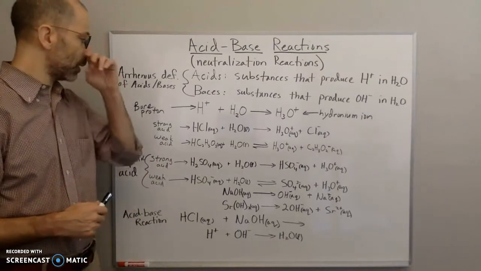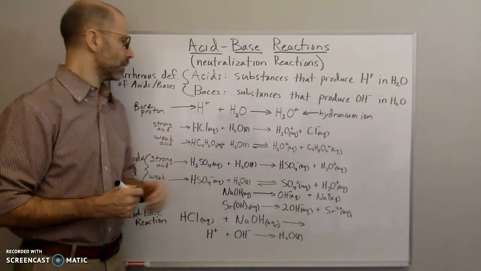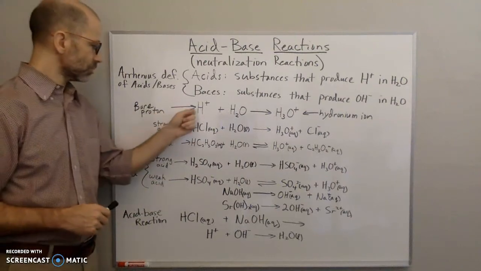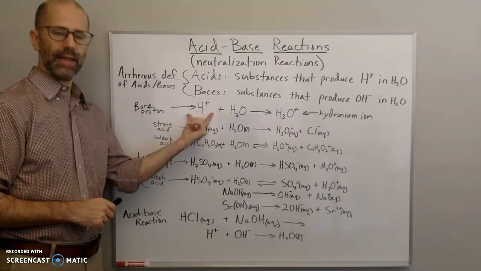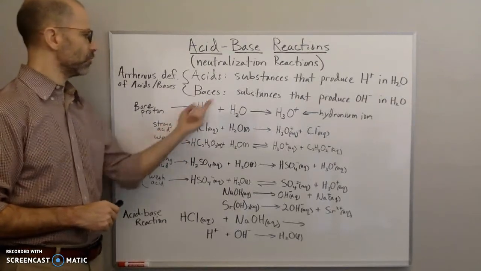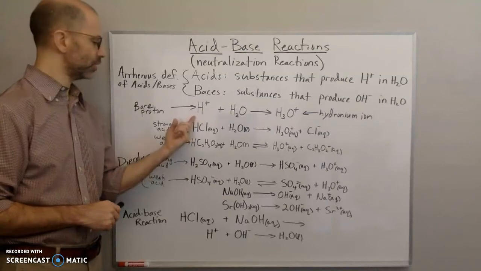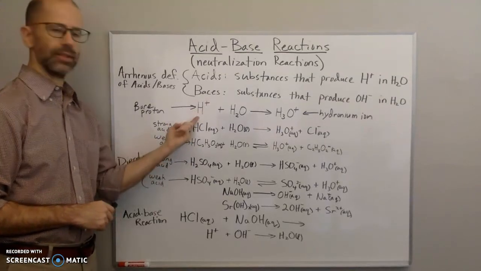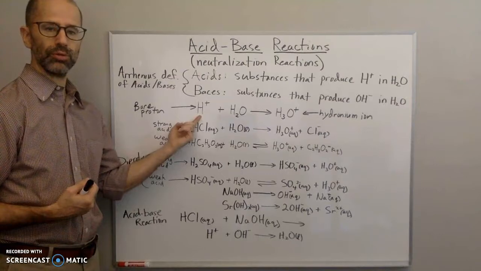Now, one thing I want to mention about the H plus is that really what's going on is that an acid is going to release a hydrogen. So when it releases a hydrogen, it's going to be in the form of H plus. Now, H plus is just a hydrogen atom with its electron removed.